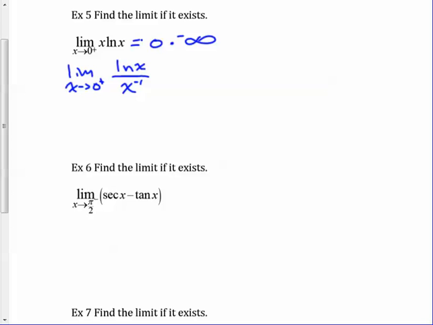Now when I plug in 0, I get infinity over infinity. Technically, I get negative infinity over positive infinity. But nonetheless, an indeterminate form that L'Hopital's rule does apply to.